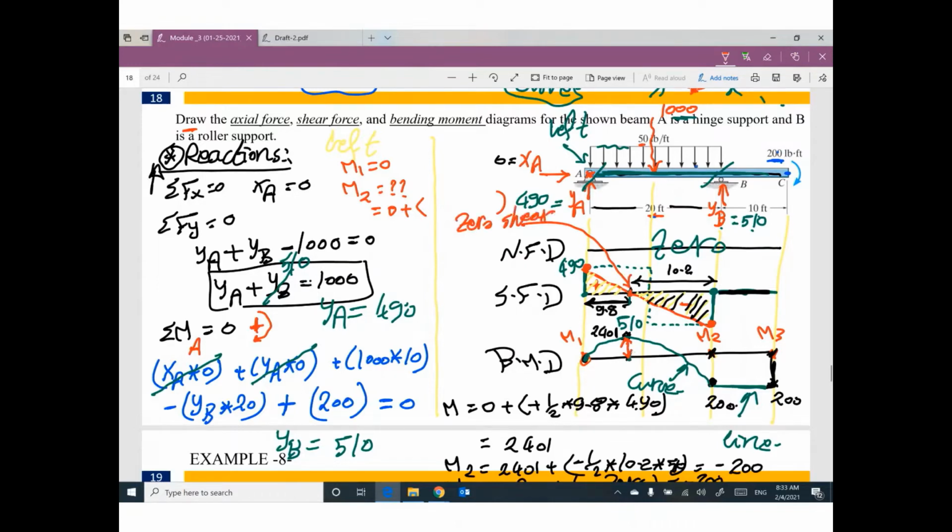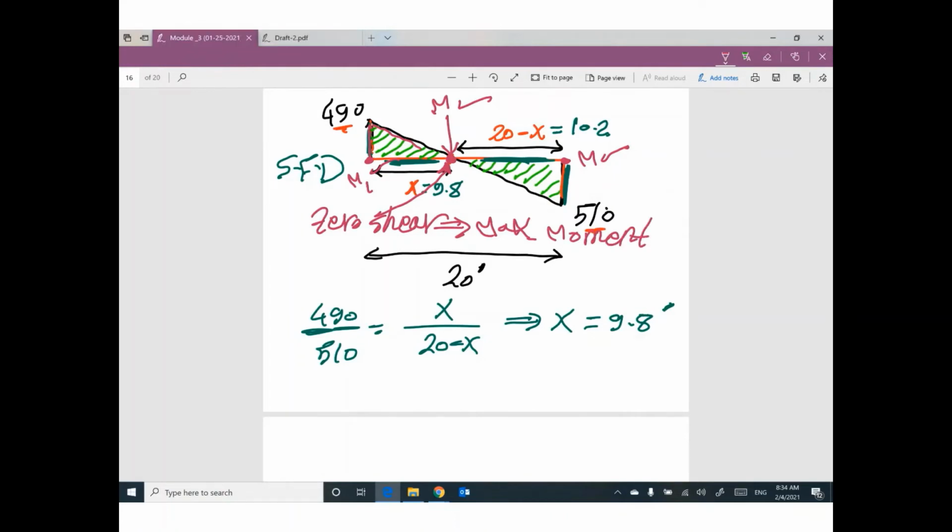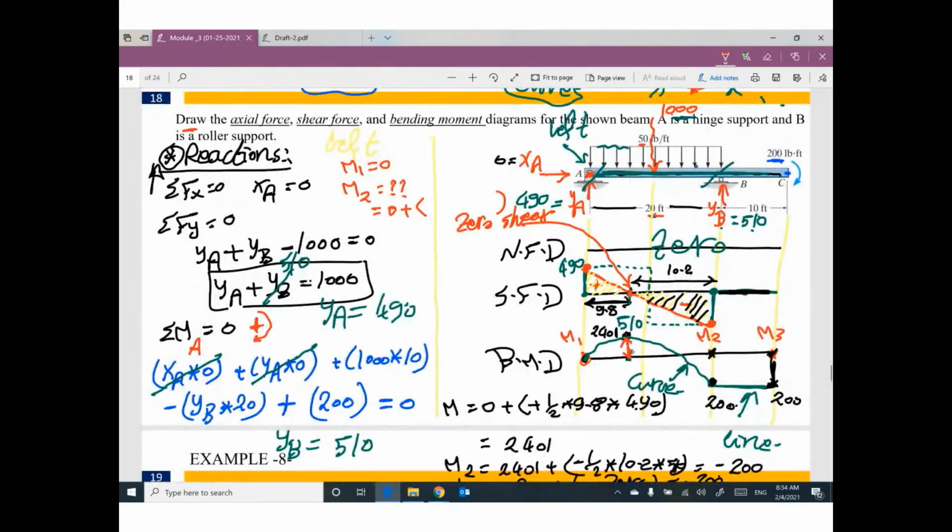I'm sorry, what do you mean by zero shear? Okay, we have a value here of shear 490. This value is going down, going down, going down. How much shear here? Do you have shear at this location? No, we have zero shear. If you have zero shear, you can expect maximum moment, or the highest value of the parabola.